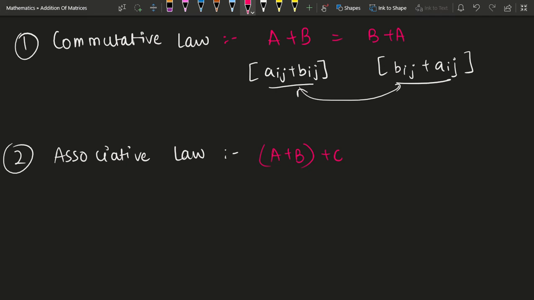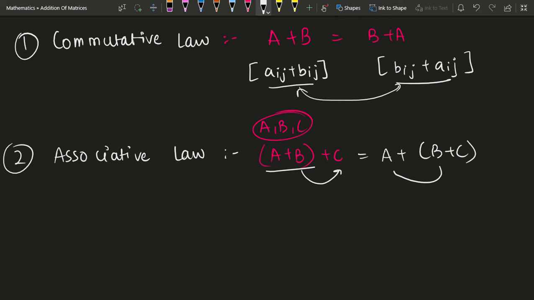So if you have 3 matrices, again of the same order, A, B, C, you can first add A and B and then add the resultant to C, or you do something different. Let's say you do B plus C first and then you add it to A. The resulting matrices would just be the same.